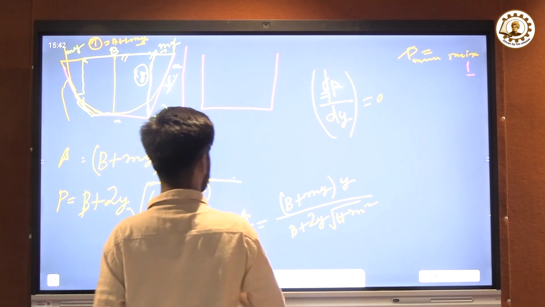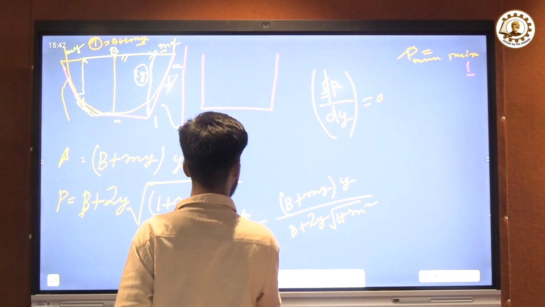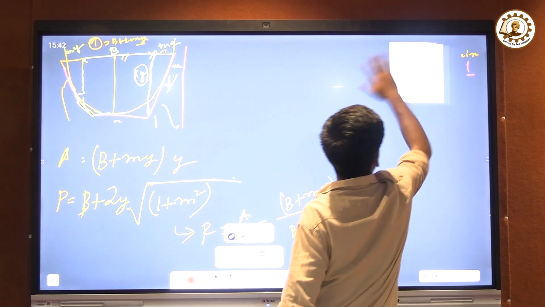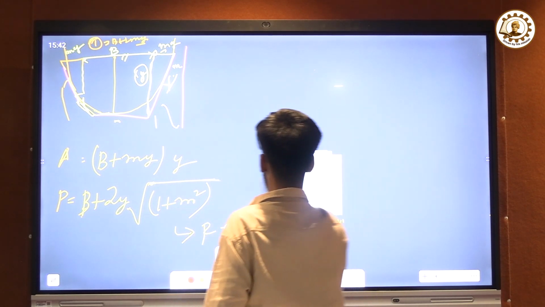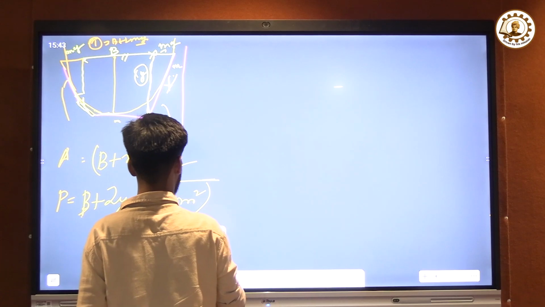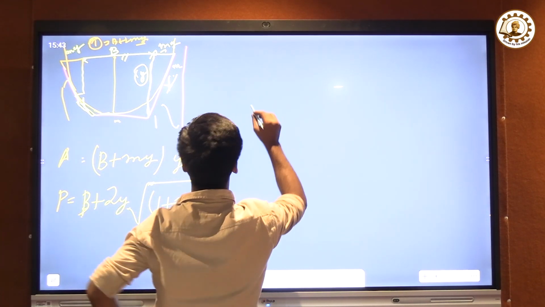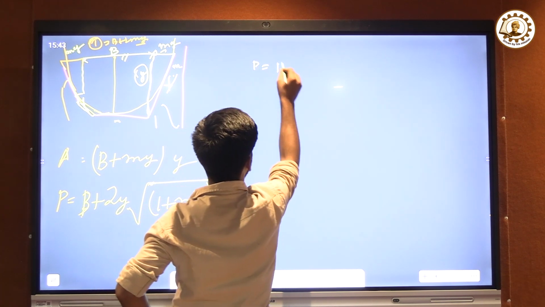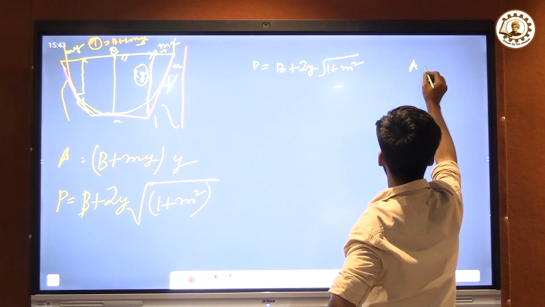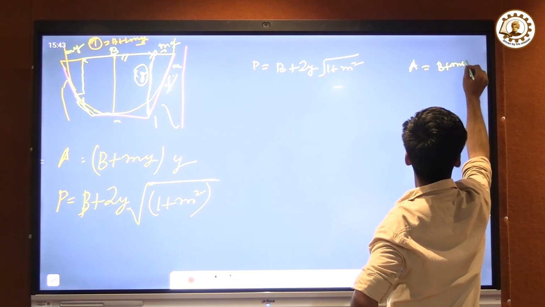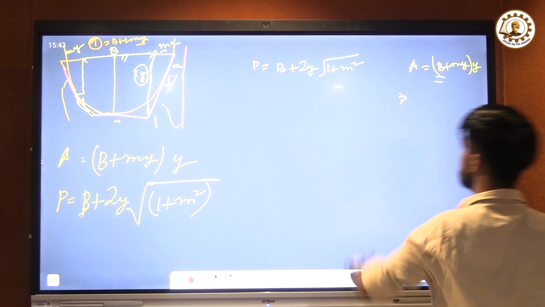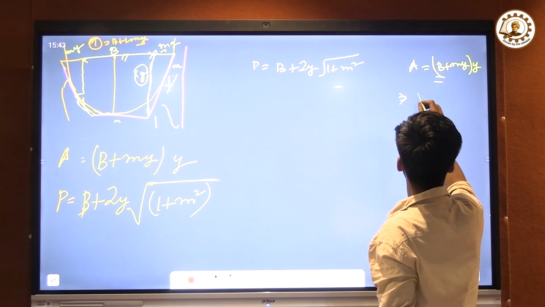now we can't put that B in here, so we will transfer the value of B. The A will be, now find the value of B with respect to y and A, then put it here, as the B is constant.